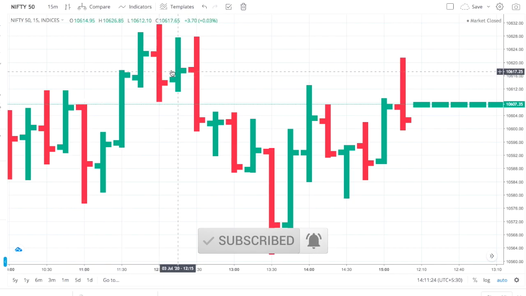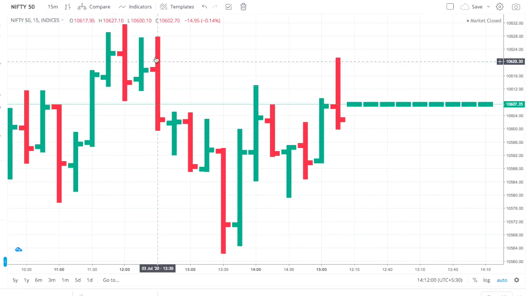To give you a perspective, we've taken a 15-minute time frame on Nifty 50. Now we will take the 12:30 bar to understand different chart types. In the bar chart, the left horizontal line is the opening price. The high is indicated by the top of the bar and the low is indicated by the bottom of the bar.